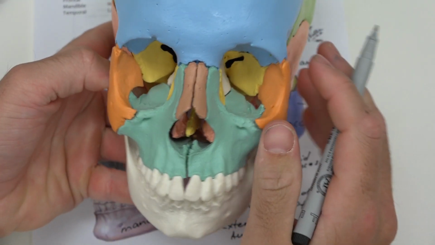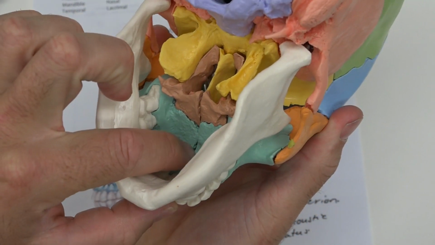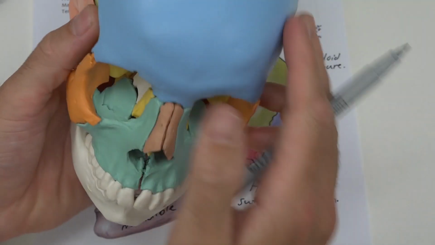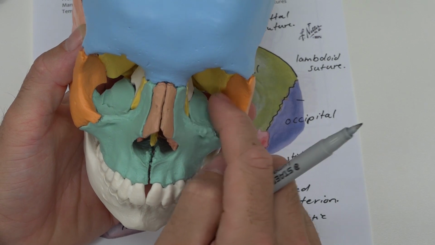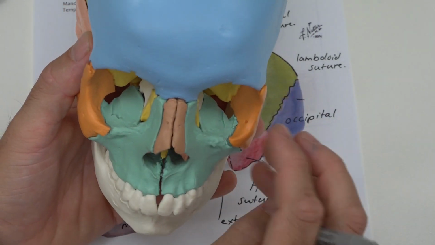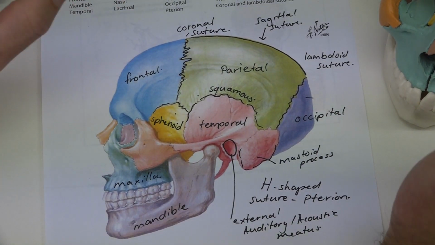Now you can see in this one that the maxilla makes the roof of your mouth, whereby here we have the palatine portion of the maxilla. Then you can also see that it makes the lateral part of the nose and the inferior part of the eye socket too. So your maxilla is a really big bone and it actually contains the skull's largest sinus.